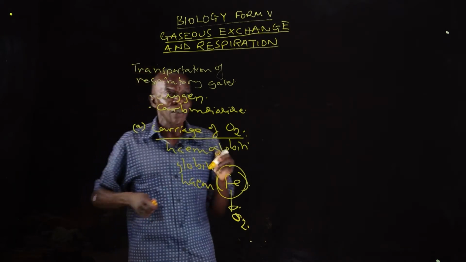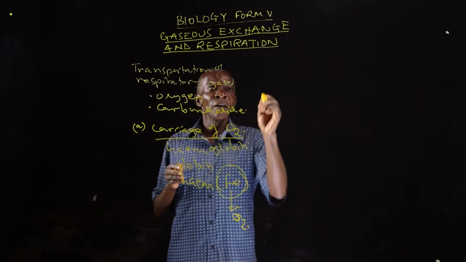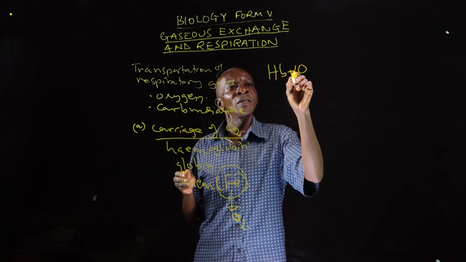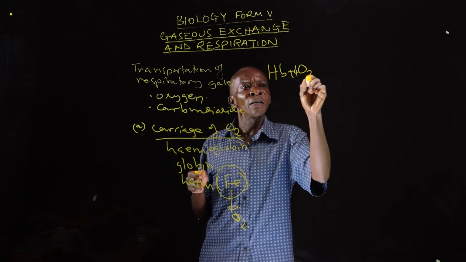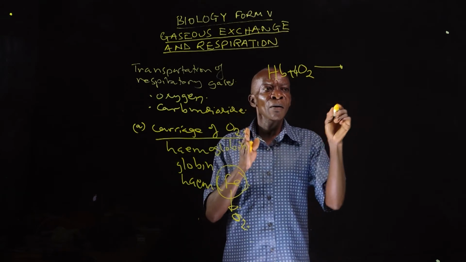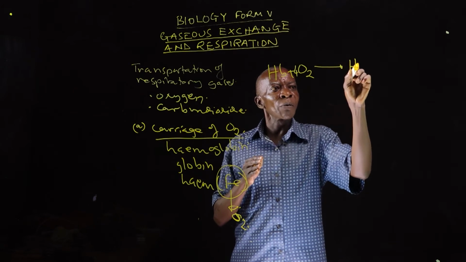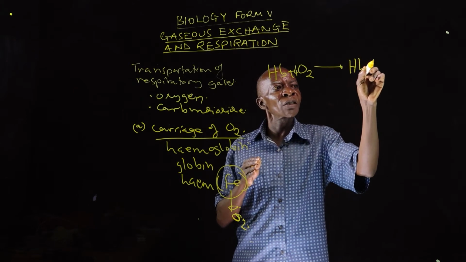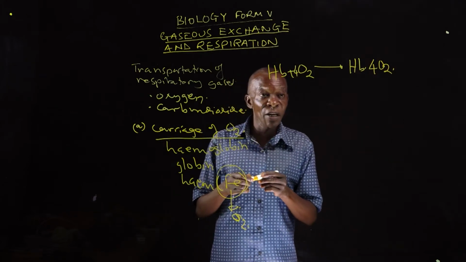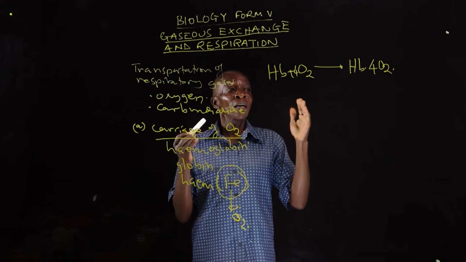Now the carriage is simply that in areas where the partial pressure of oxygen is high, for example in the lungs, hemoglobin combines with 4 molecules of oxygen to form an intermediate compound. This is called oxhemoglobin. As I have said, the combination is not a chemical one.